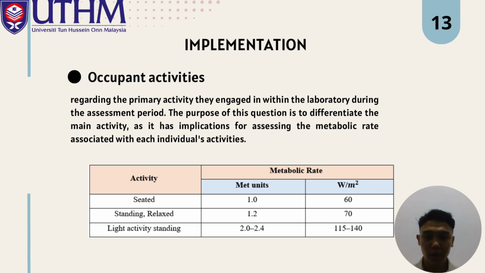According to this table, sitting stands for a metabolic rate of 1.0 MET. MET is the unit for metabolic rate. Then standing relaxed stands for 1.2 MET, and light activity stands for 2.0 up to 2.4 MET.